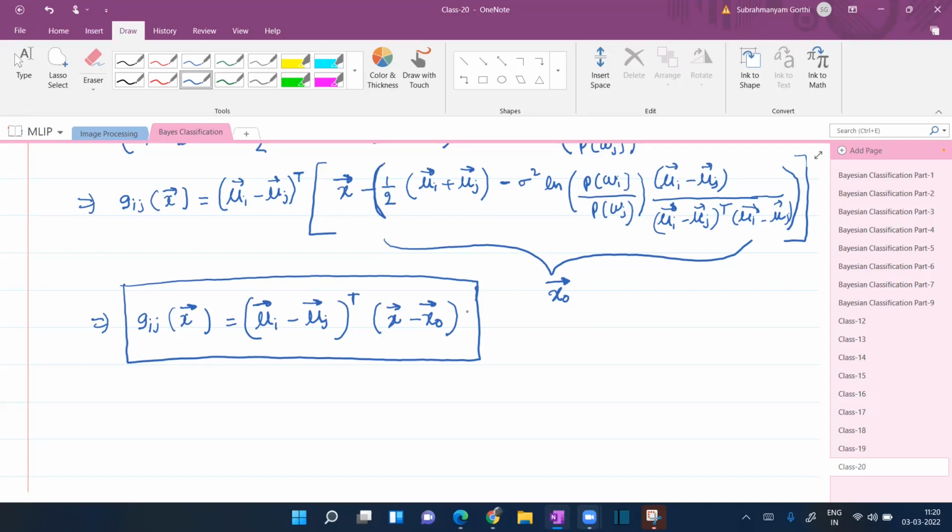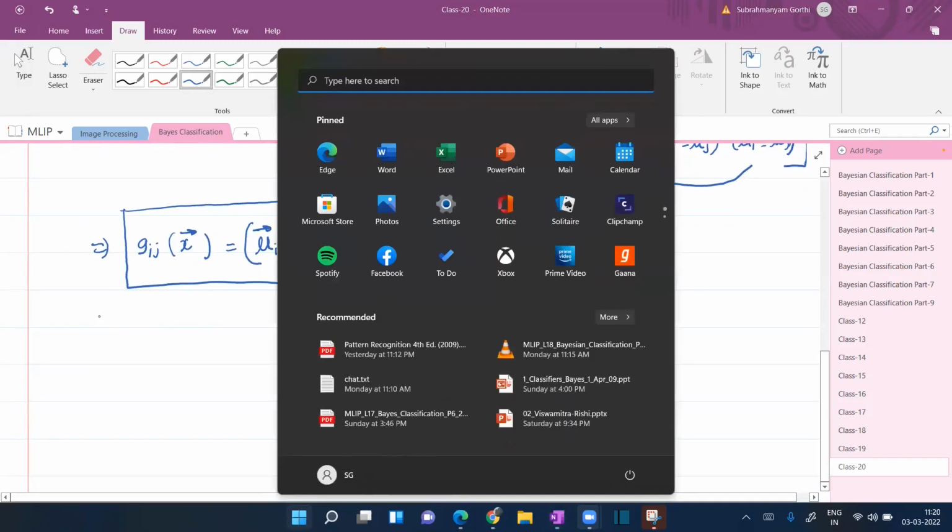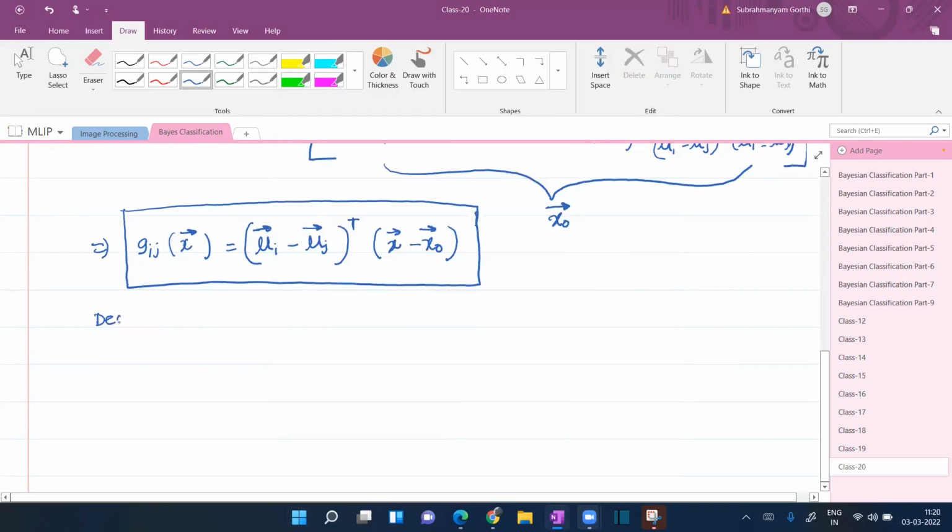So you could say now Gij is for the decision hyperplane. If you want to compute the decision hyperplane, what would then happen? Your Gij of x bar, you will make it 0.